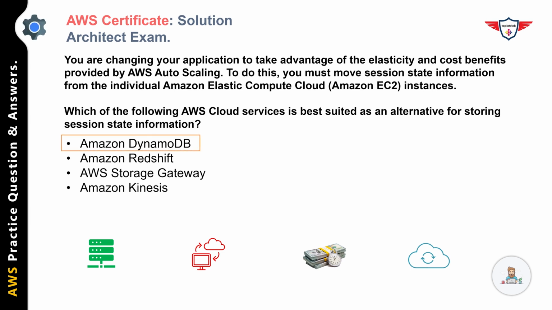The correct answer is Amazon DynamoDB. It is a NoSQL database and it is a good alternative because of its scalability, high availability, and durability characteristics. Many platforms provide open source drop-in replacement libraries that enable you to store native sessions in DynamoDB. It is a suitable candidate for a session storage solution.